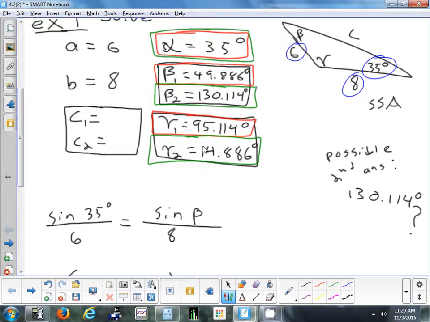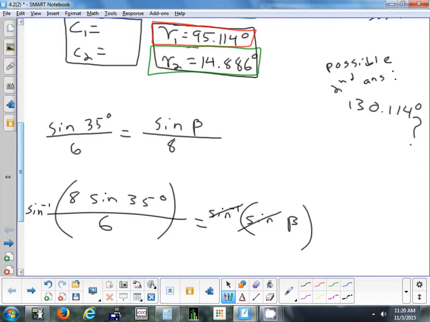Which row am I going to use to find C1 and C2? Think of rows without decimals. Yeah, row A. I know row A is correct because it was given. So let's write sine 35 over 6, just like we did to start.